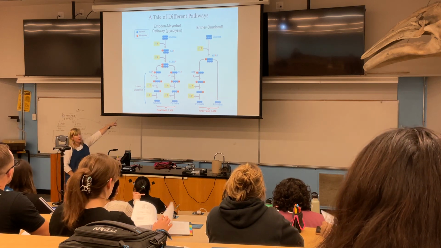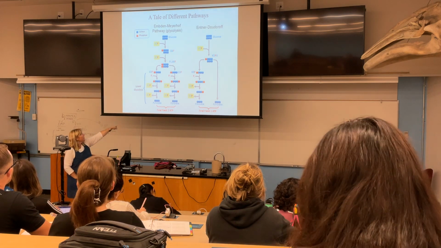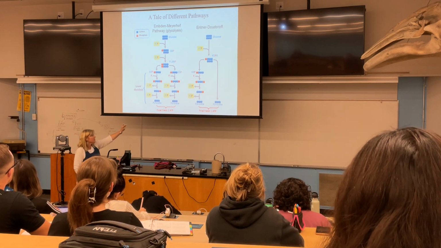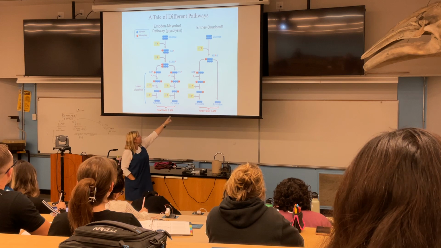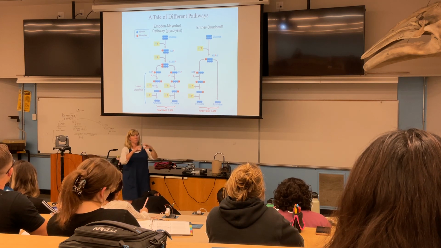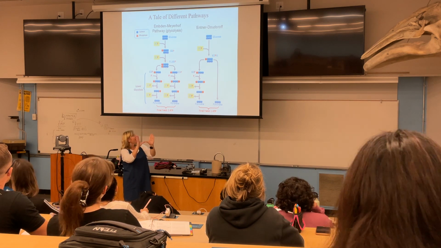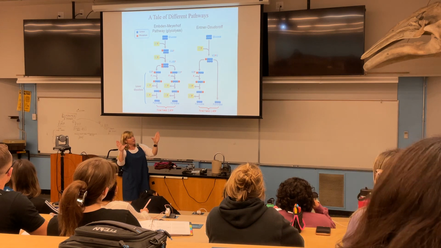So this was our process in the EMP pathway. Okay, so this is our EMP pathway that we just danced to. This is their process. So they open up, they are only going to phosphorylate one side. So they open and then they phosphorylate just one side to keep it from leaving. And then they break apart, okay?